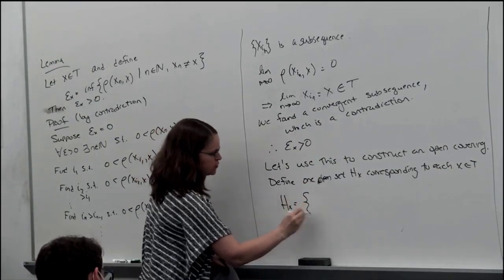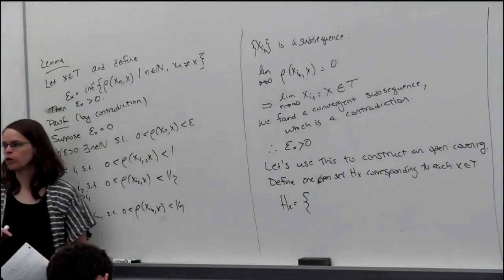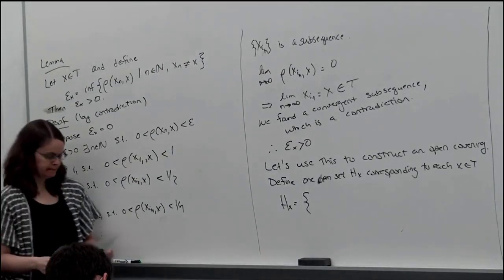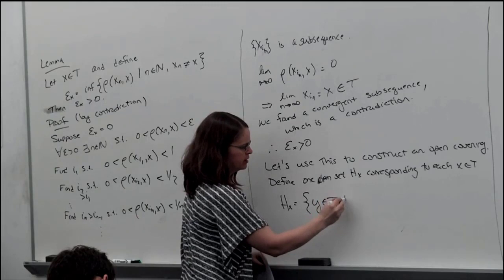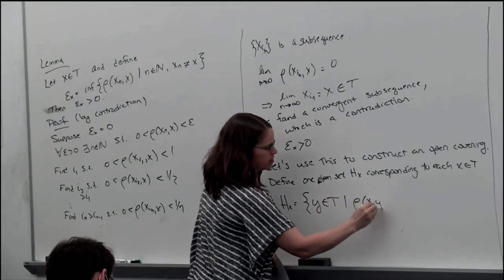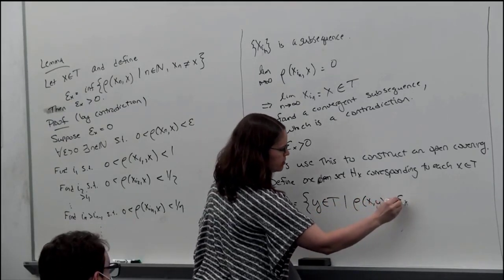I'm just going to define this as an open neighborhood. So this is going to be all the points in my set that are within a distance epsilon_x.